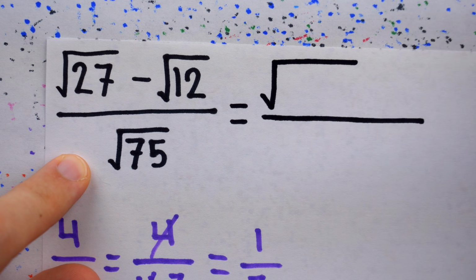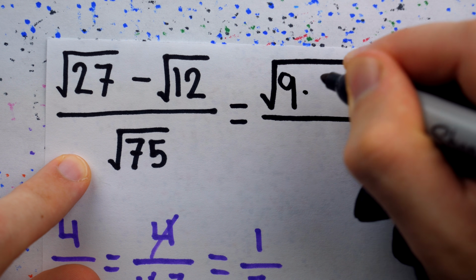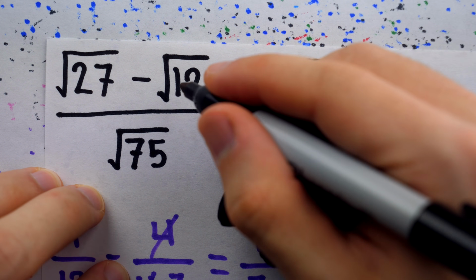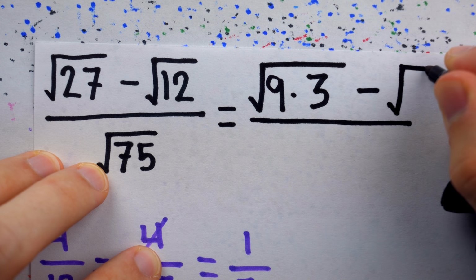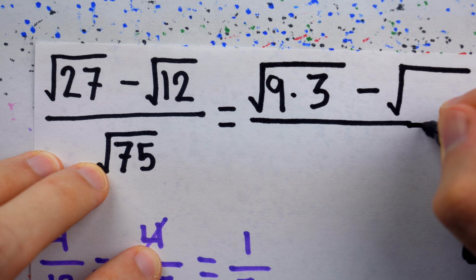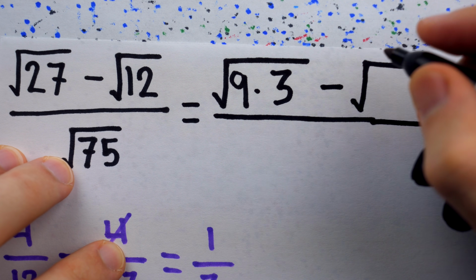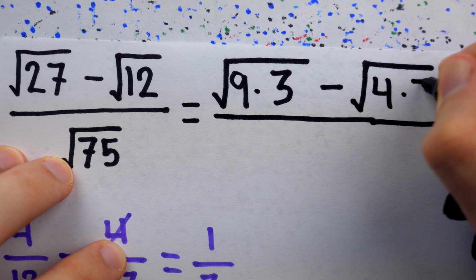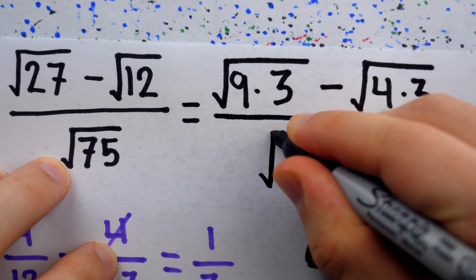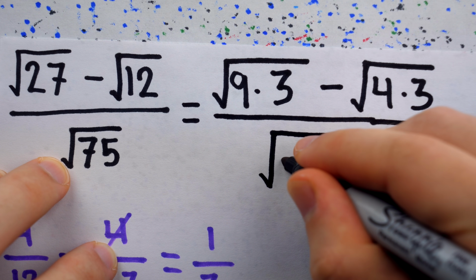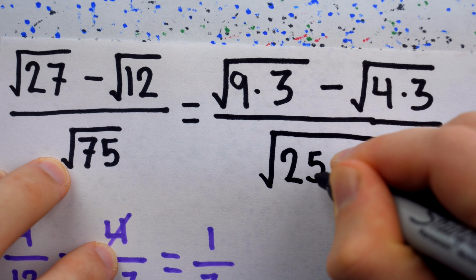Then you would think to write 27 as 9 times 3. Same thing with 12. Notice that 4 is a factor of 12 and 4 is a perfect square. So we could rewrite the square root of 12 as the square root of 4 times 3. And with 75, 25 is a factor of 75, and 25, again, is a perfect square.